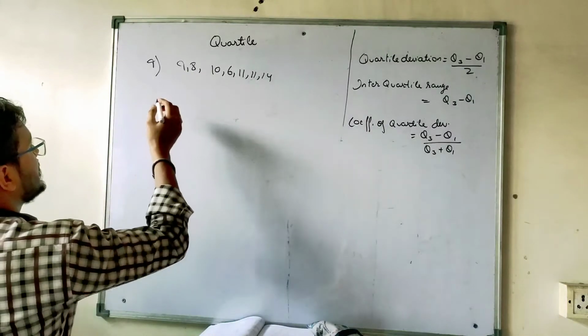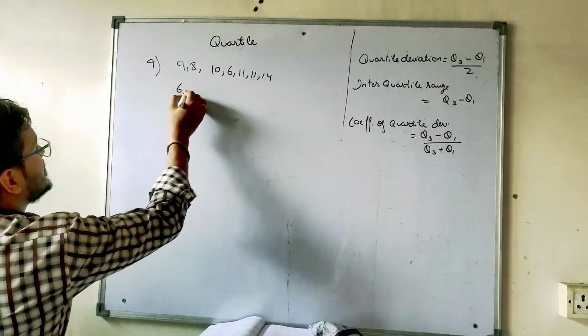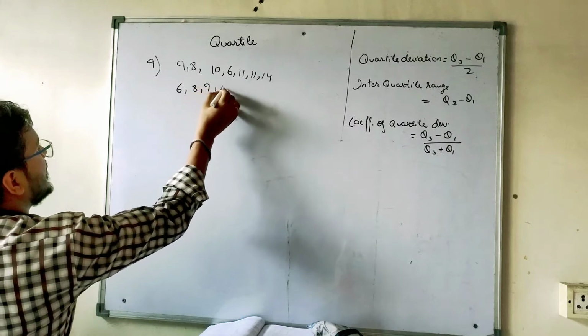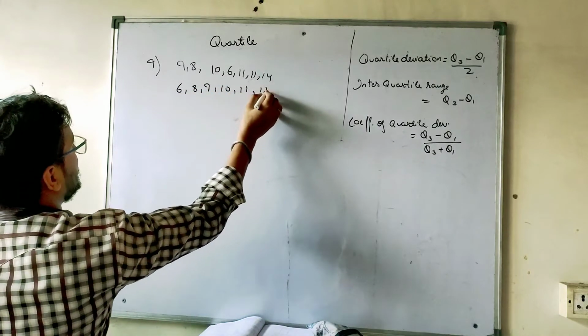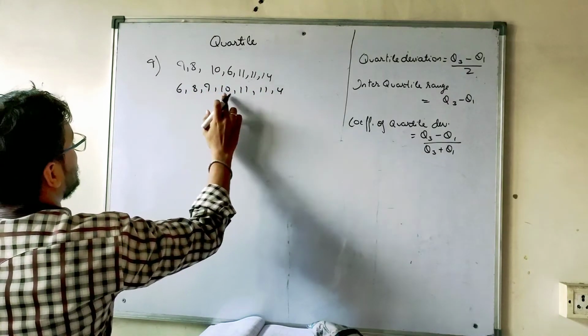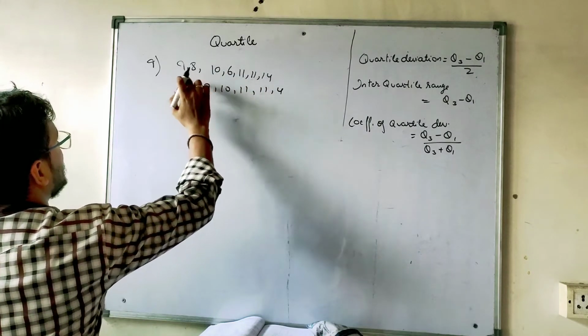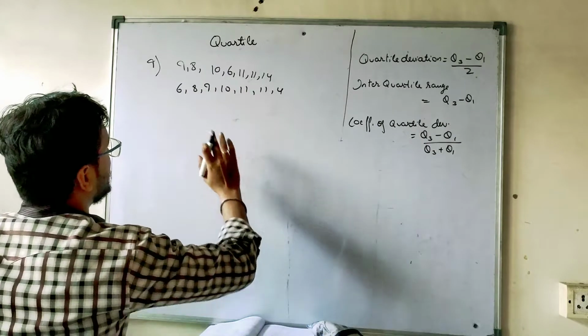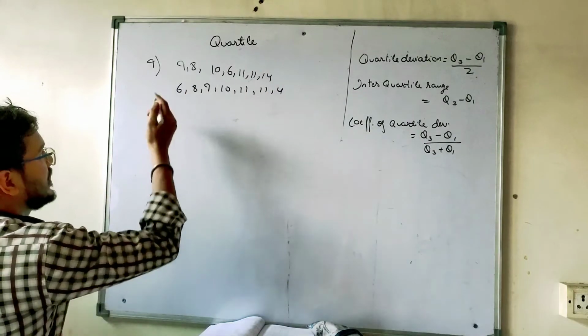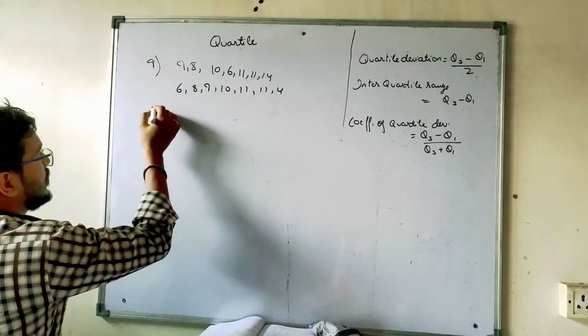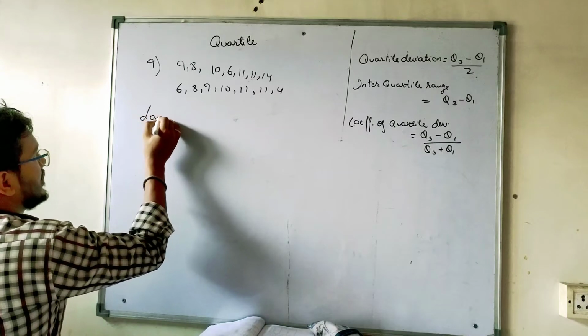First arrange the data in ascending order: 6, 8, 9, 10, 11, 11, 14. That is 7 terms. So first arrange the data in ascending order. Now the lower quartile.